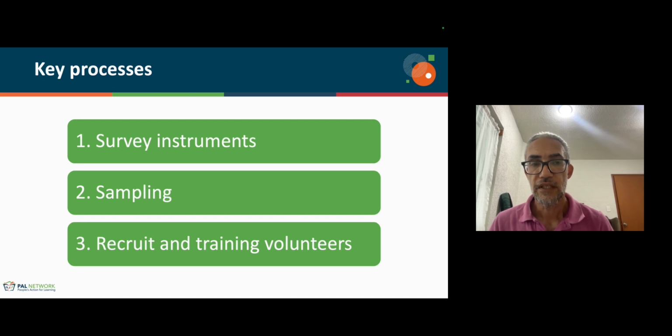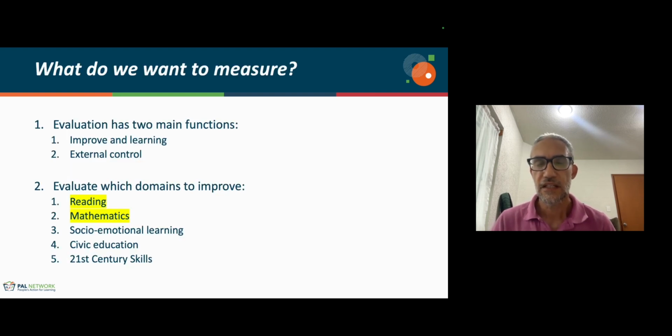We are working in three key processes that are basic to planning and designing citizen-led assessment. The first of all is to decide what we want to measure. Evaluation has a lot of functions, but two main ones.